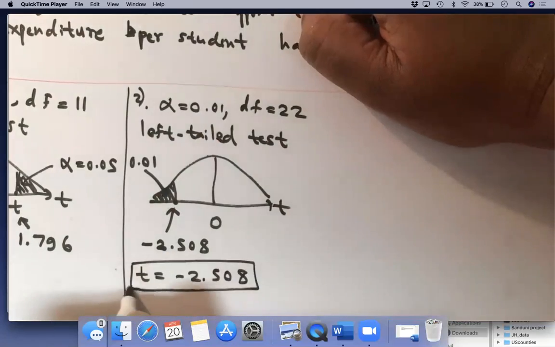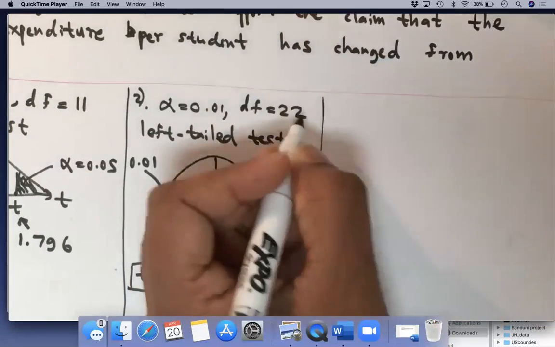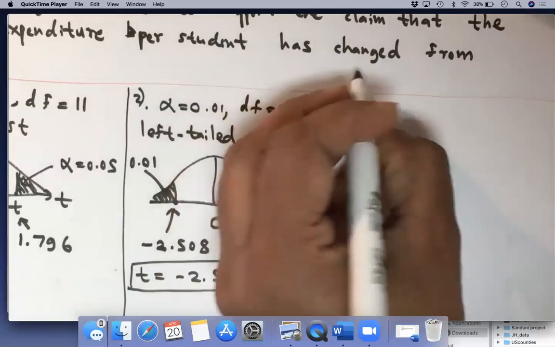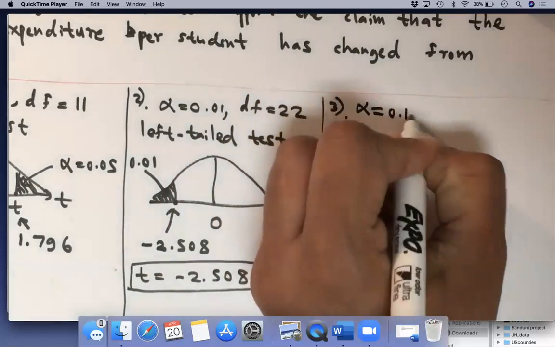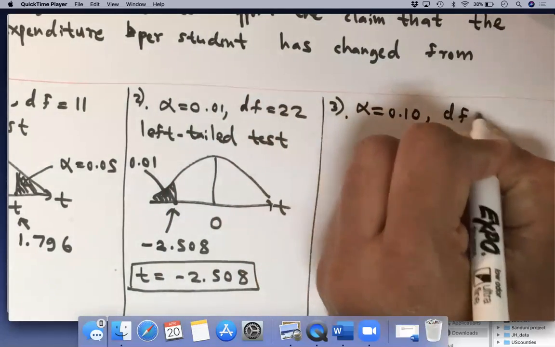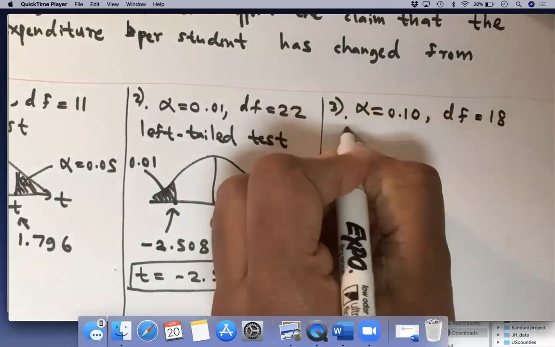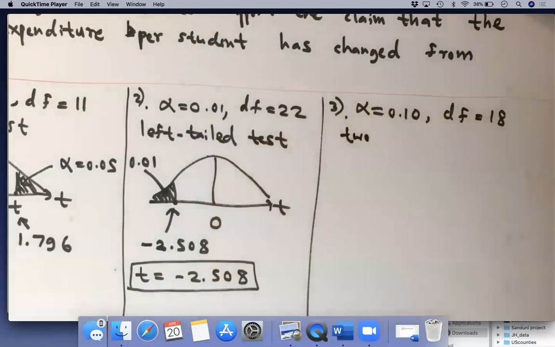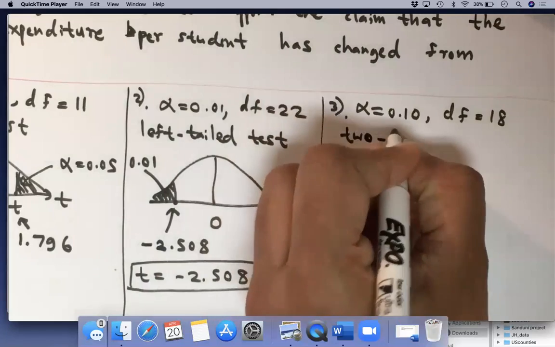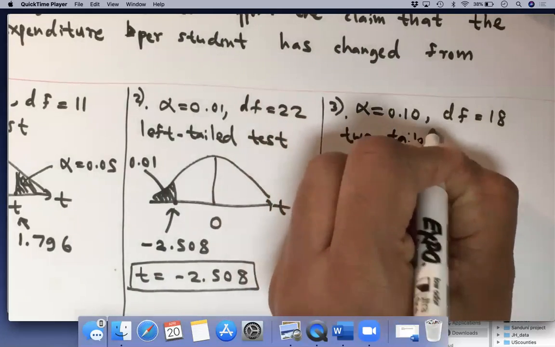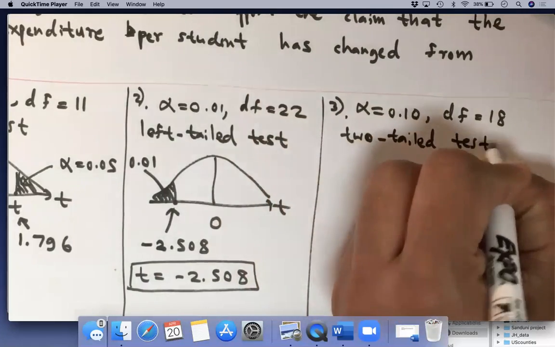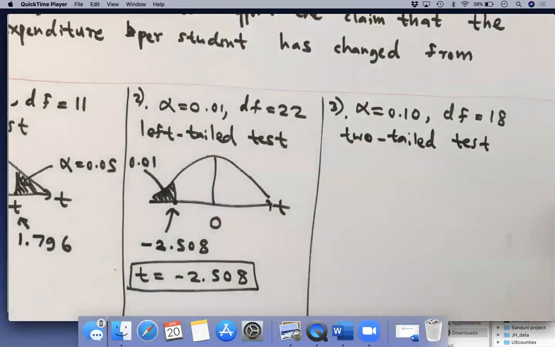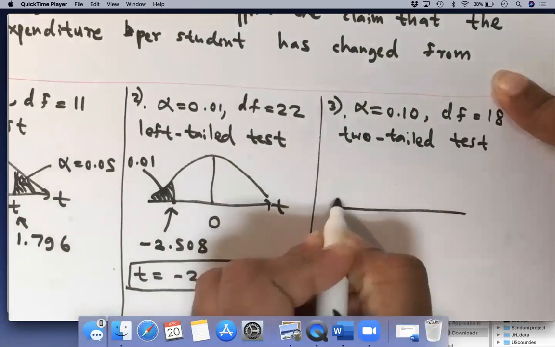2.508. Now the third example, alpha is 0.10, degrees of freedom is 18. Here you have a two tail test. Now, it's again very important.